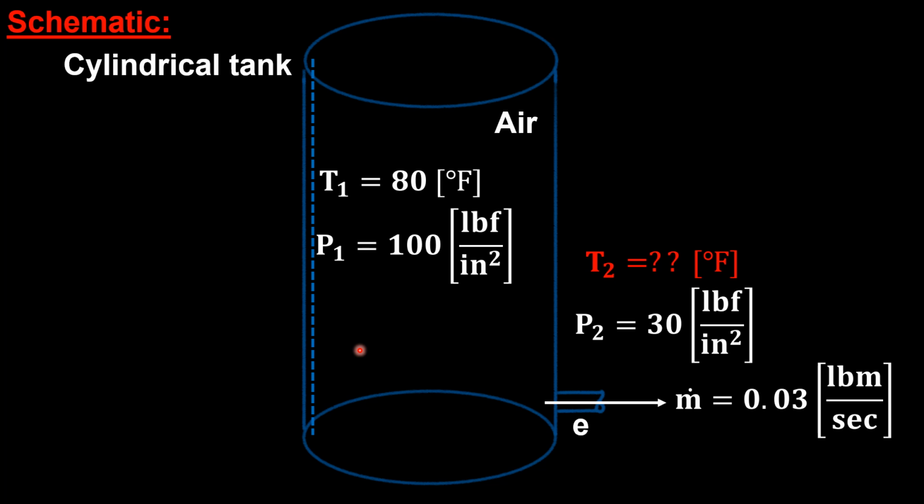Now, a very important thing to do whenever you sketch a thermodynamic problem is to identify your system and the type of system that you're dealing with. To do so, you draw the boundaries of the system.